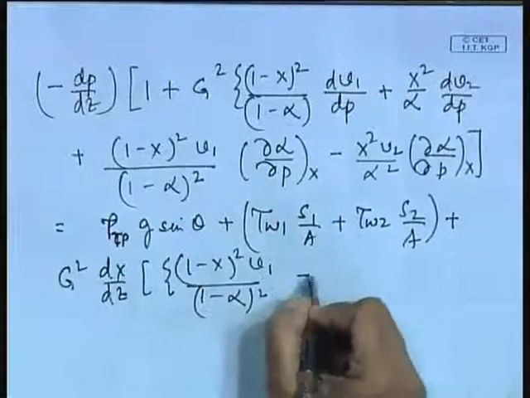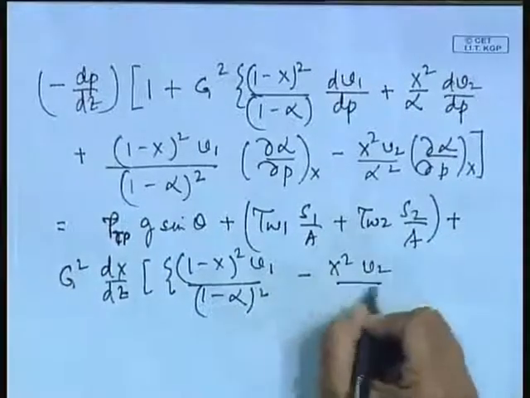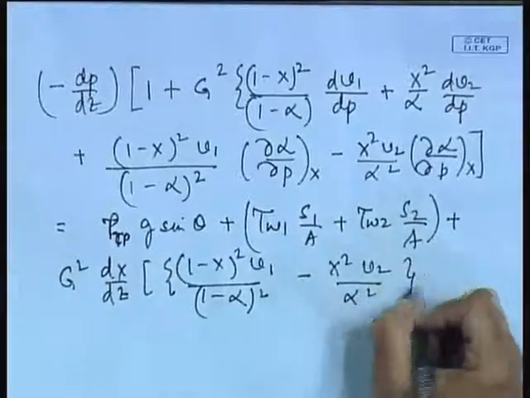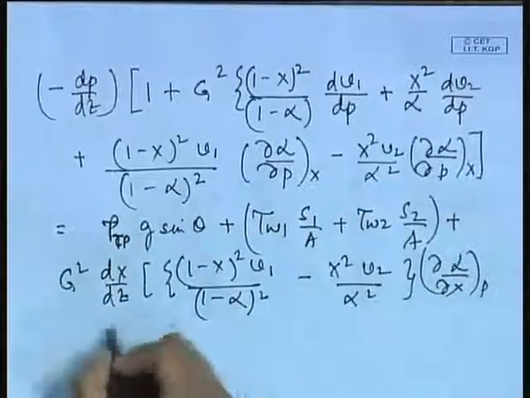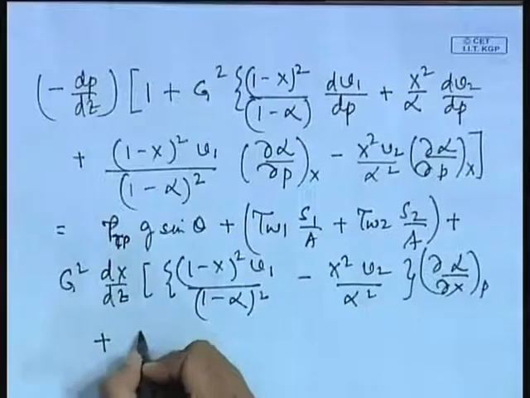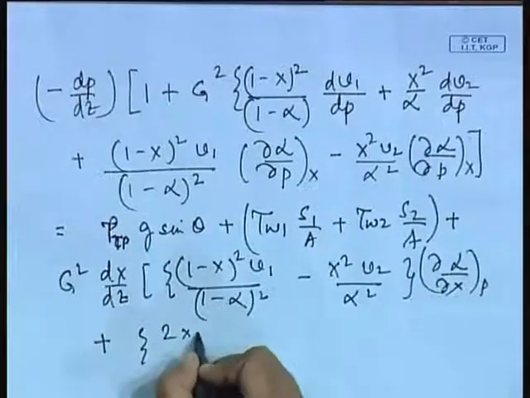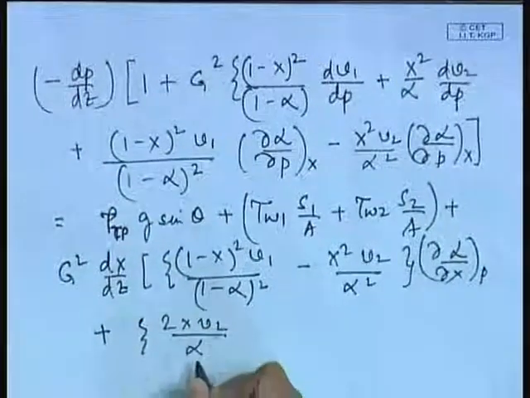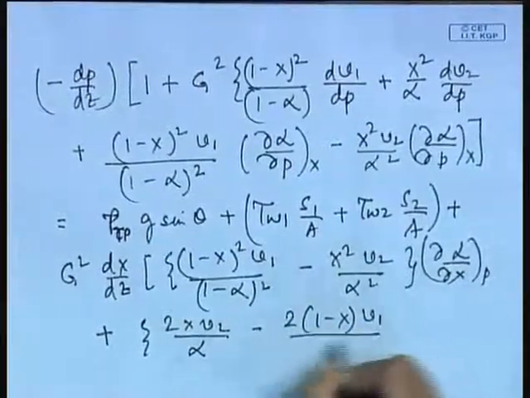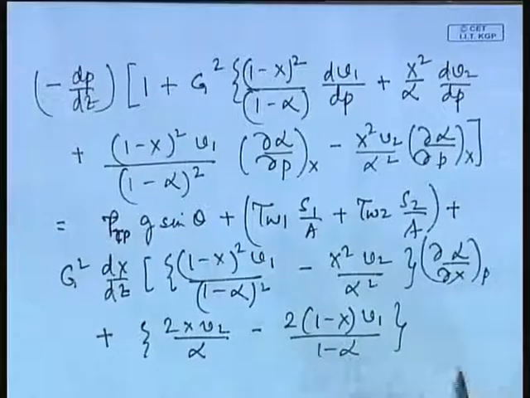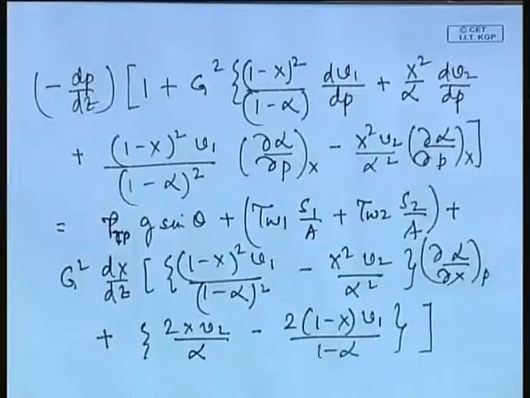Please do these derivations, otherwise it will be slightly difficult for you. Del alpha del x at constant p plus 2x v2 by alpha, fine. This is the total pressure gradient expression that we have here.